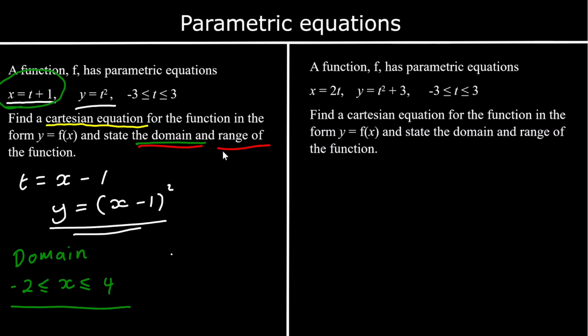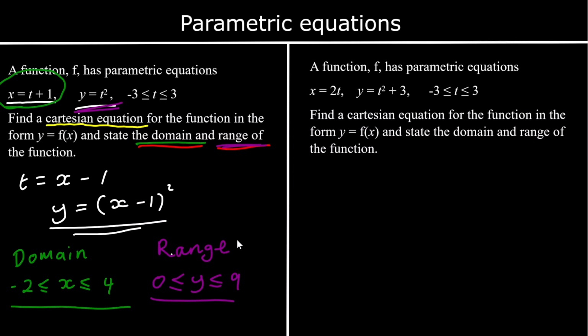For the range, that's what y can be. If we look at our y equation, the smallest thing we can get out is a 0 from 0 squared. And the biggest thing, either -3 or 3 squared, is 9. So our range is between 0 and 9.